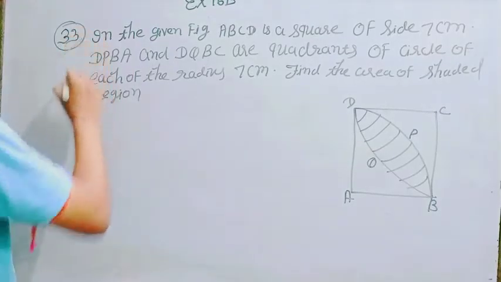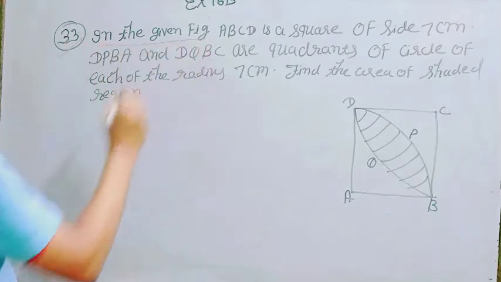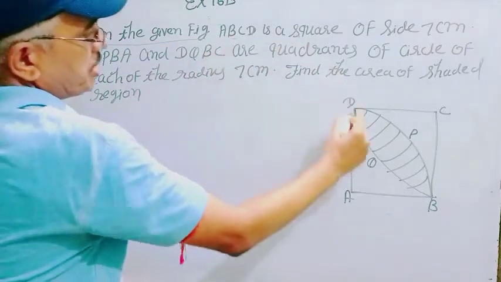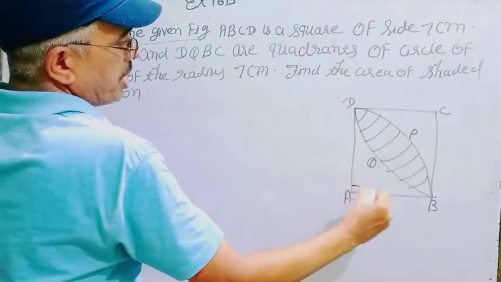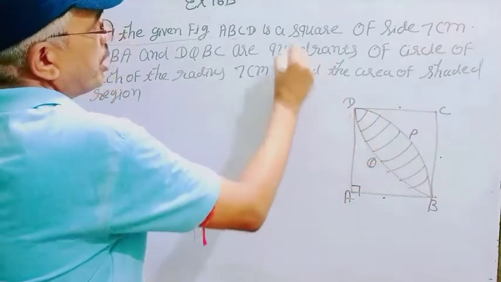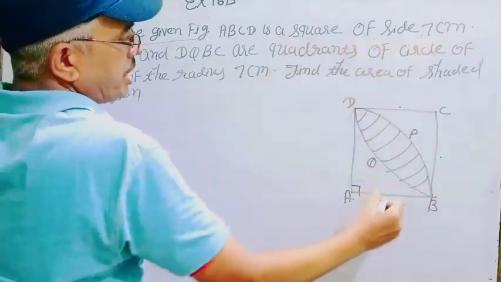Question number 33: in the given figure, ABCD is a square, that means AB is equal to BC is equal to CD is equal to AD, a square of side 7 cm.